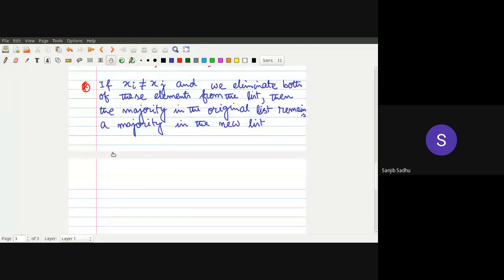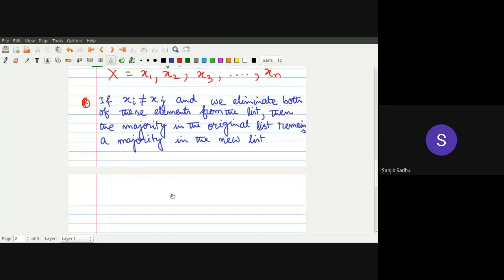Let's see. Given an array, better you take an example. It may be like this: say suppose 5, 2, 3, 5, 5.